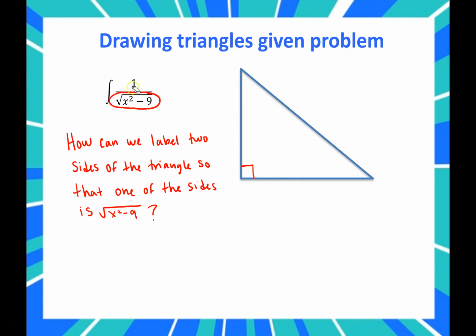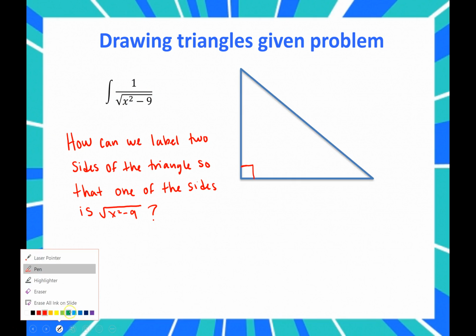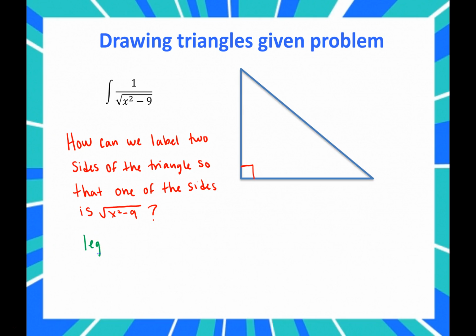Well, just as a reminder, we should know with the Pythagorean theorem that the leg squared plus the leg squared equals the hypotenuse squared. If I'm solving for a leg, I'd have leg squared equals hypotenuse squared minus leg squared.